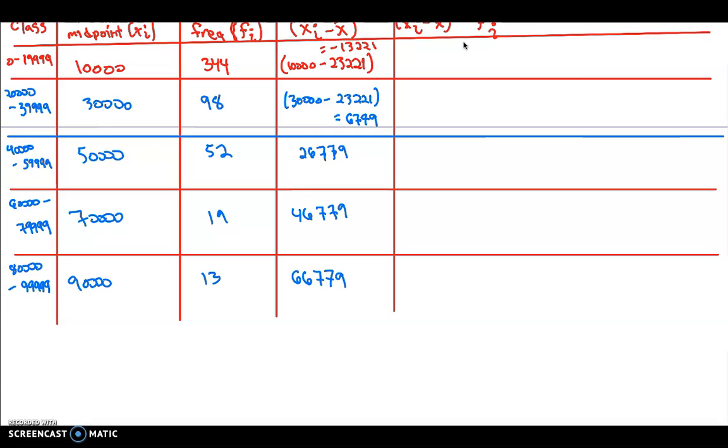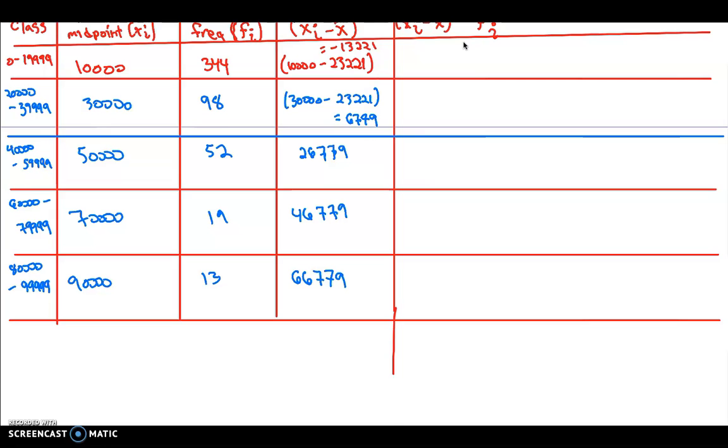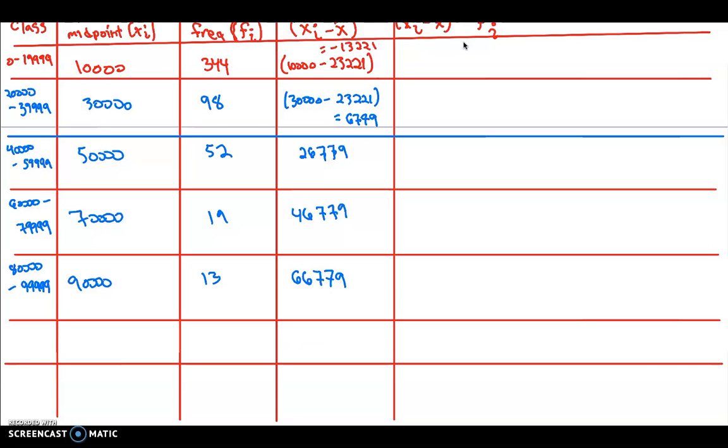We're getting closer. Hopefully you can have a little bit more gratitude for StatCrunch now. Okay, so then this one's 100,000 to 119,999. Our midpoint here is 110,000, and that was a frequency of 6. So our deviation, 110,000 minus the 23,221, is 86,779.